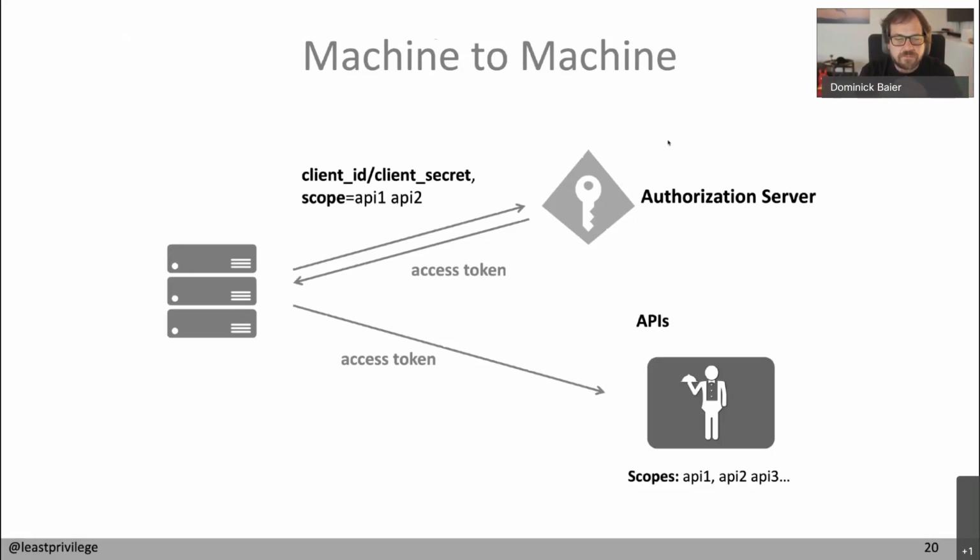Now, some things we can't cover here, but I still want to mention them. Access tokens have been unspecified by OAuth itself, right? So when you look up the original OAuth RFC, there is no mention whatsoever of how an access token should look, what's the format, what's inside, what's the semantics, and so on.